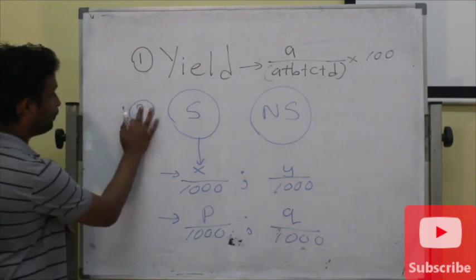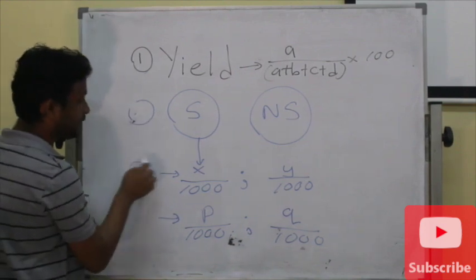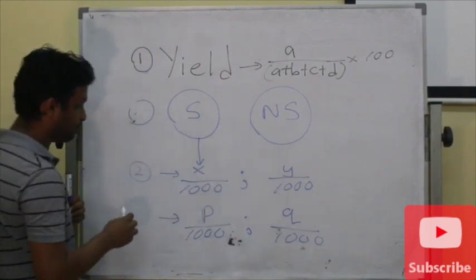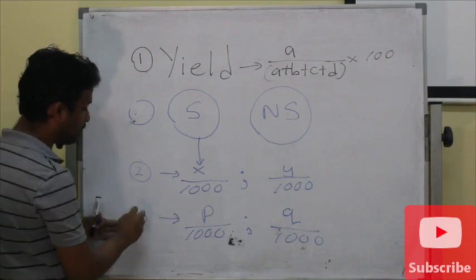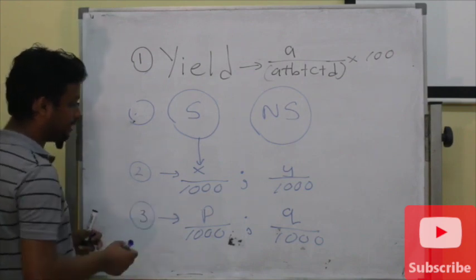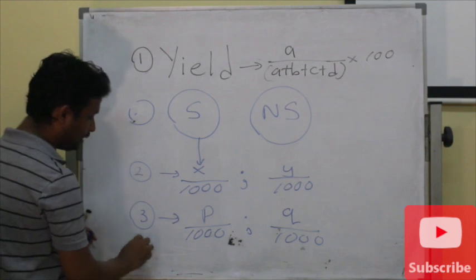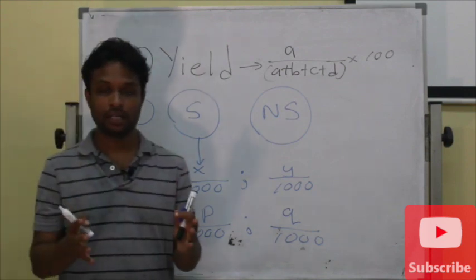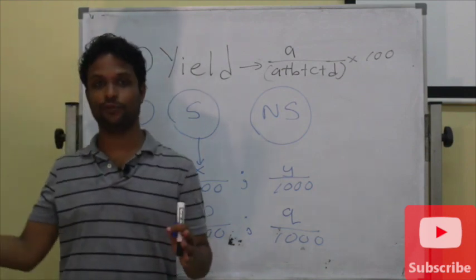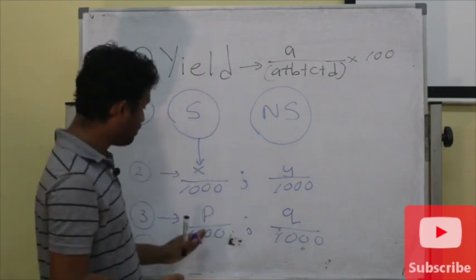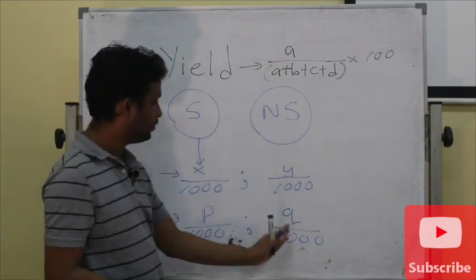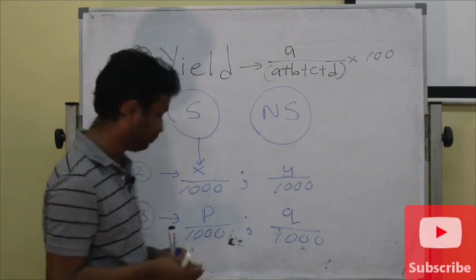We can call this comparing mortality, the second method. Comparing morbidity is the third method. The fourth method is you can compare the duration of survival of the screened population with the non-screened population.